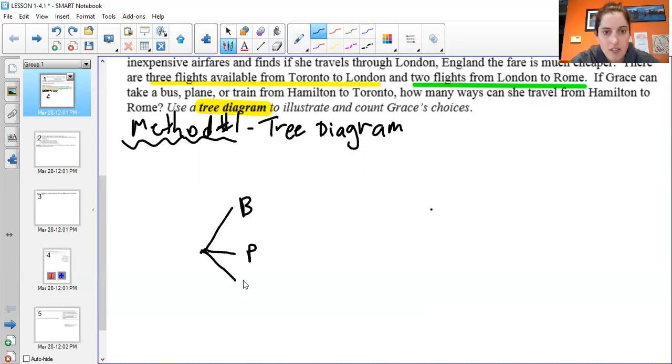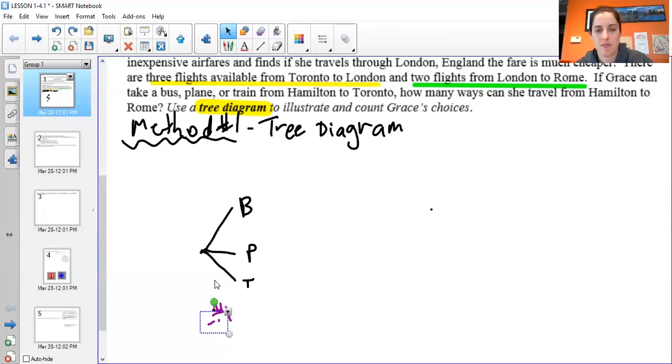This is kind of like my first leg, if you will. So this is leg number 1, where I'm going from Hamilton to Toronto.